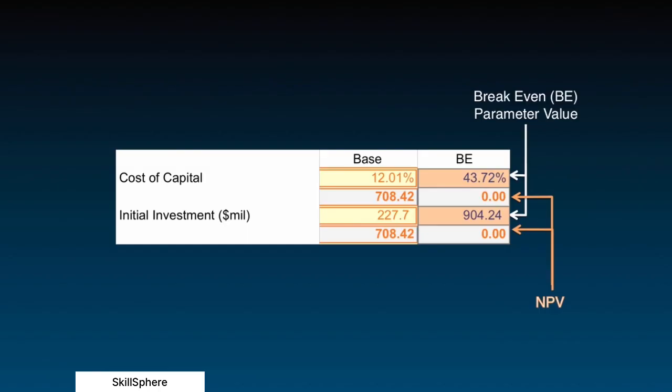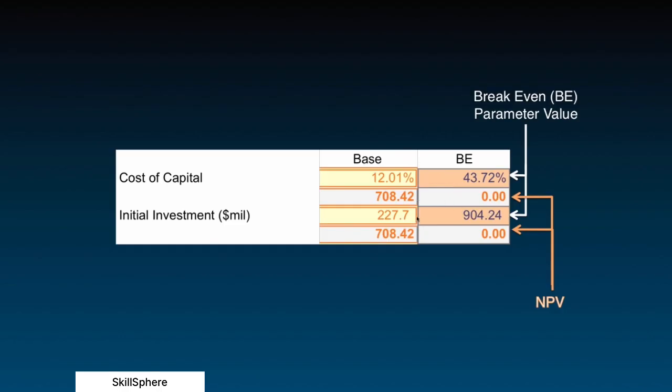The break-even values, in other words, the value for the cost of capital such that the NPV is 0, is 43.72. That should look familiar, because the break-even point for the cost of capital is nothing more than the IRR. As we discussed in the last lecture on decision criteria, you can see there's a lot of room here before this project looks bad, at least on the cost of capital dimension.